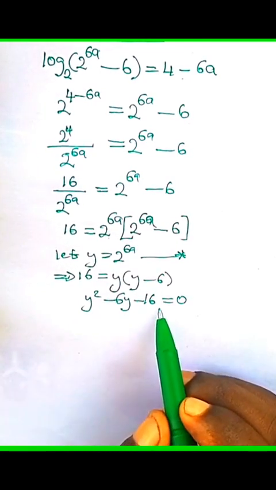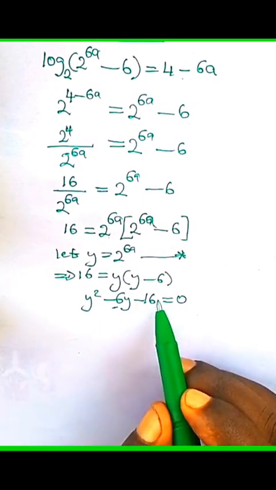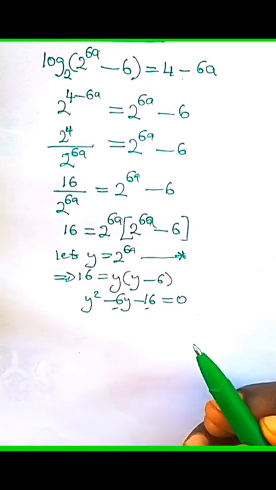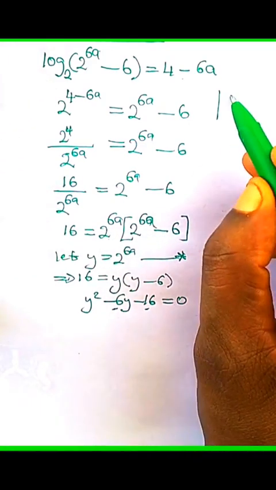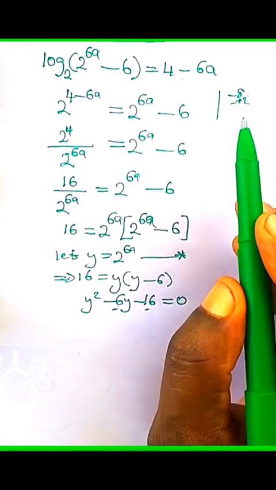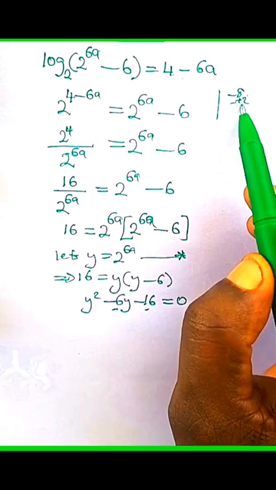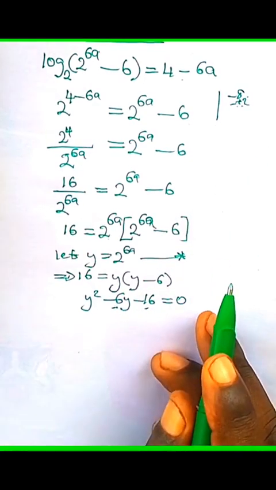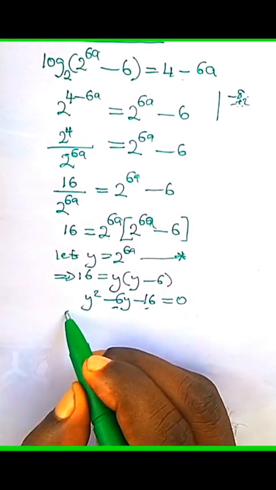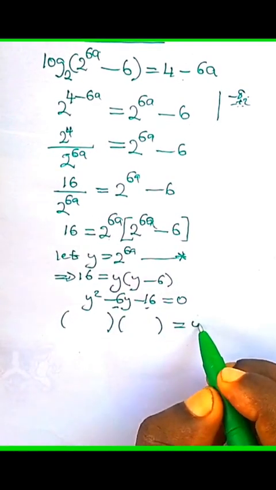Think of two numbers which, when you add them, give you minus 6, and when you multiply them, give you minus 16. Clearly, the numbers are minus 8 and plus 2. Minus 8 plus 2 is minus 6, and minus 8 times 2 is minus 16. So we are putting the factors now. You now factorize, open the brackets like this equals 0.